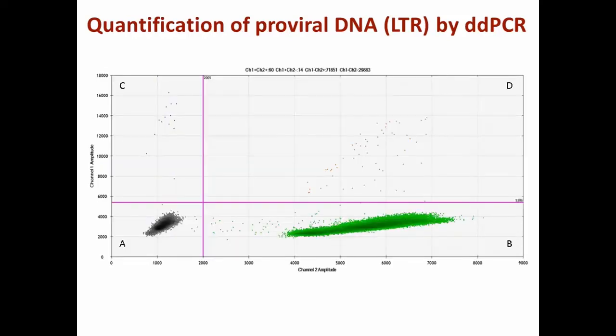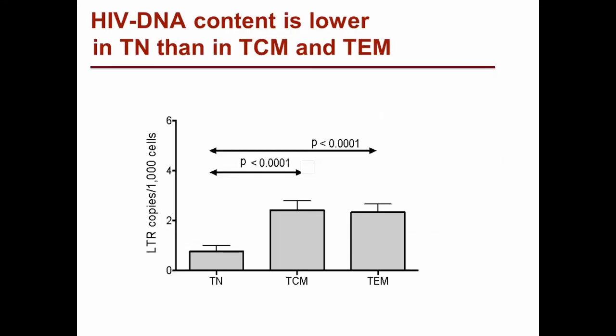These are just some graphics to show you how the system works and how very sensitive it is, being able to detect very, very few infected cells per sample. And what came out is that DNA content was lower in naive cells than in central memory or in effector memory, which was expected.